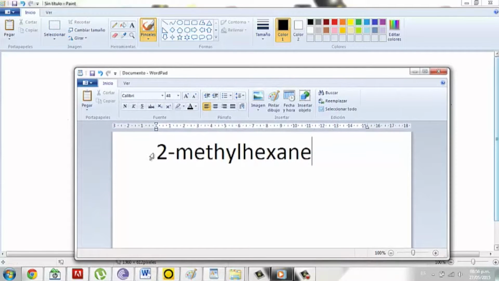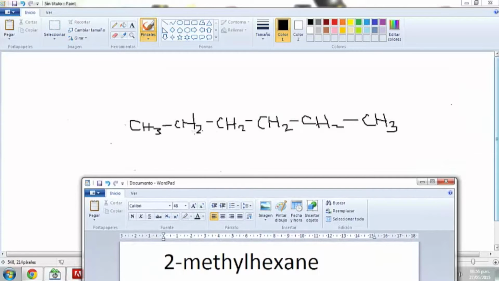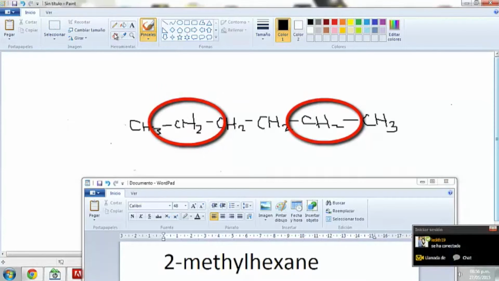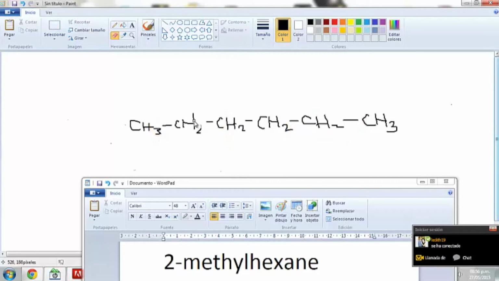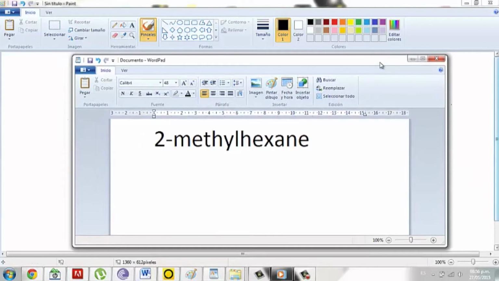Then 2-methyl, so in the second carbon it can be here or here, it doesn't matter, but we will need to erase this. C3, and you're done.